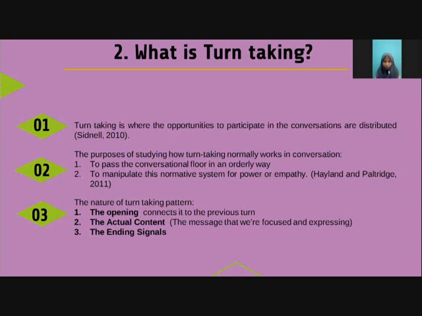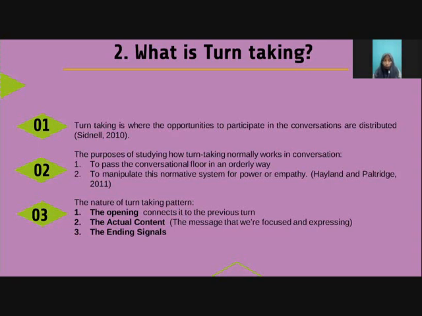This is very important. What if the conversation is only one way? I mean, for example, out of three people, only one maintains speaking a lot and does not allow the other speakers to speak.